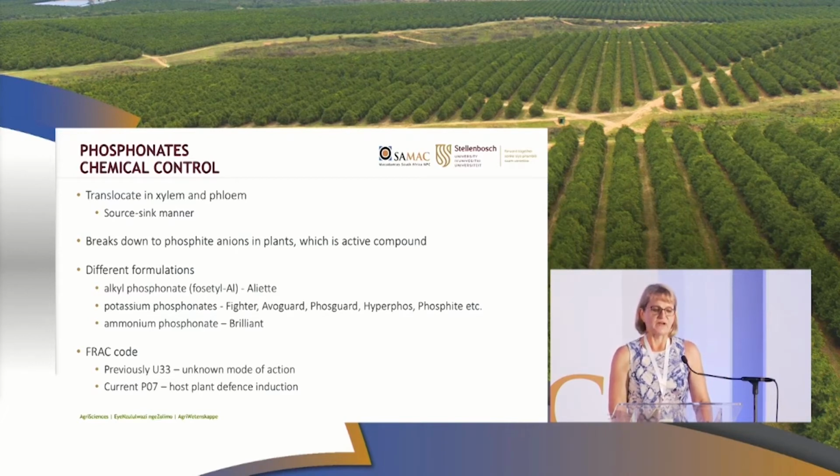Then there's also ammonium phosphonate. And the first one that I've listed there, the alkyl phosphonates, was first registered, but because it's still under patent, it's one of the more expensive phosphonate products to use. The potassium and ammonium are more cost effective and they work equally well.